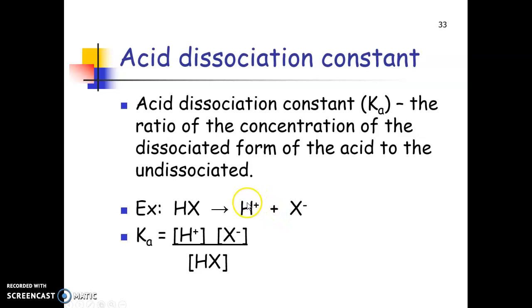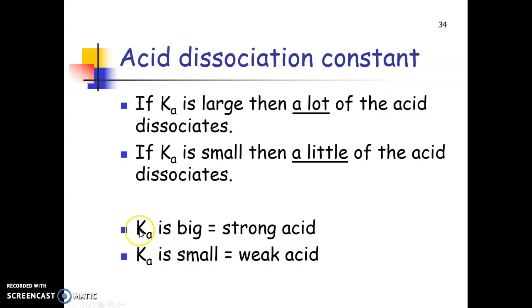Versus a weak acid, there would be small numbers for the H+ and the X-, and a larger number for the non-ionized acid. So you would get a small number for Ka. So basically, if the Ka value for an acid is large, then you have a strong acid, and if the Ka value is small, then you have a weak acid.